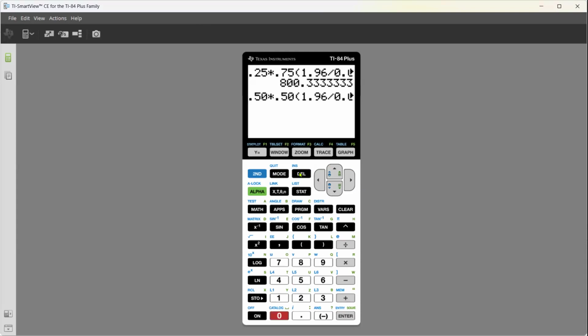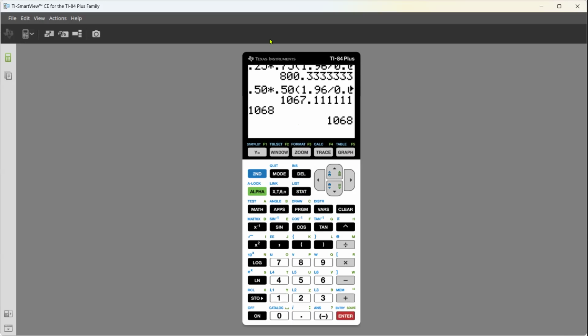Okay, so 0.50 times 0.50 times 1.96 divided by the square root of 0.03 squared, and that's equal to 1067.1111. Again, you always round up, so it's going to be 1068 as my final answer.